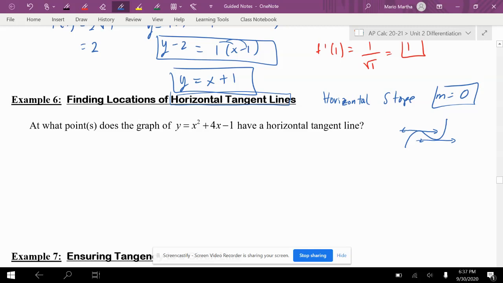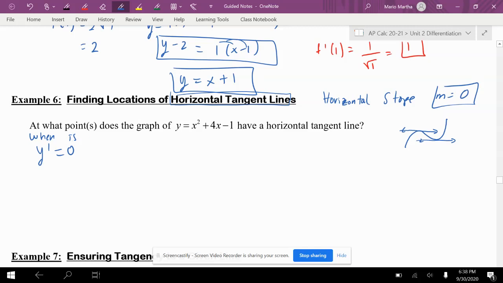So first we need to figure out at what points the graph of y has a horizontal tangent. So we need to figure out when is y prime equal to 0? Okay, so that's pretty much the essential question here. If we want to find the horizontal tangent lines, when is y prime equal to 0?